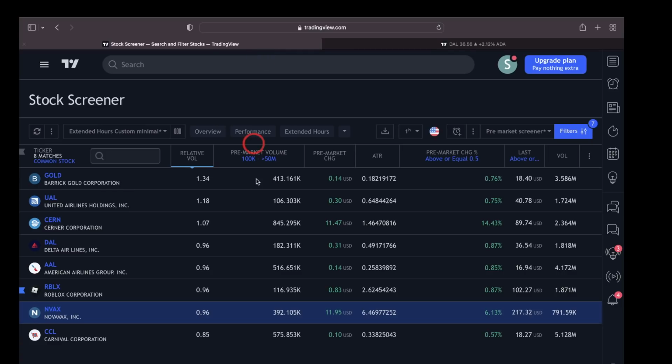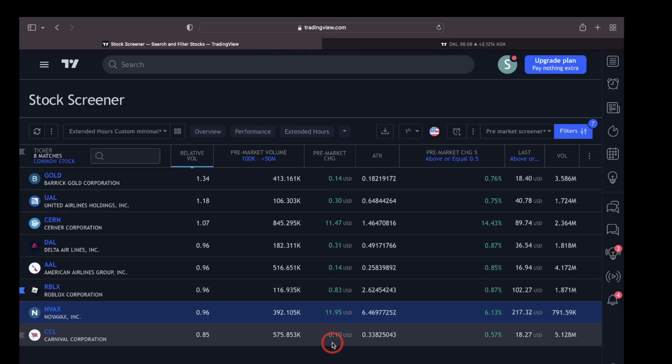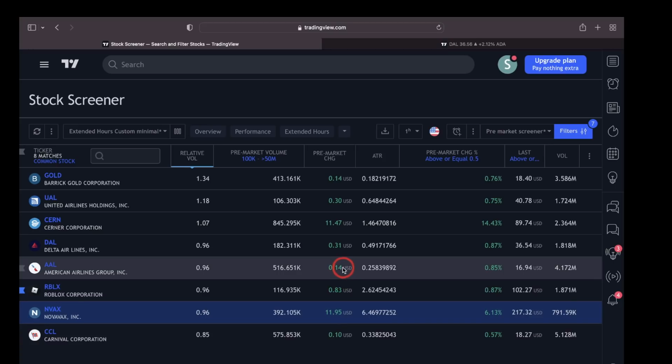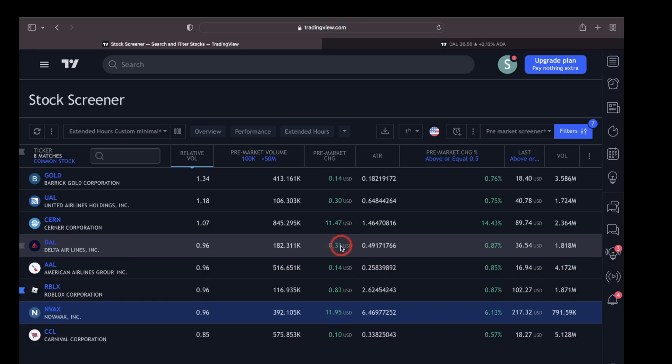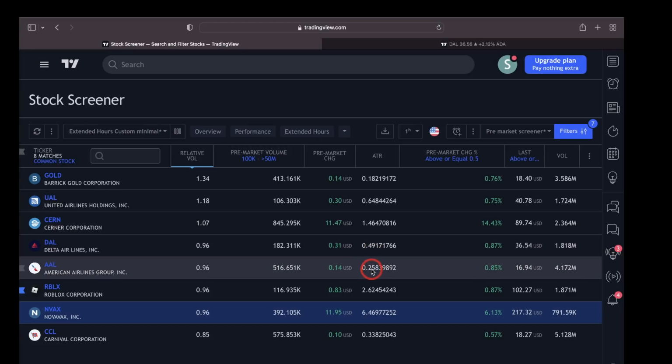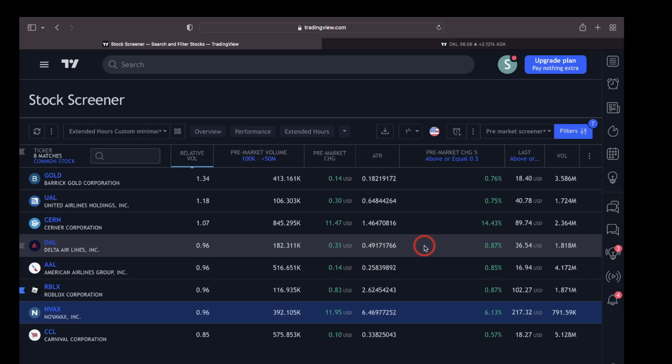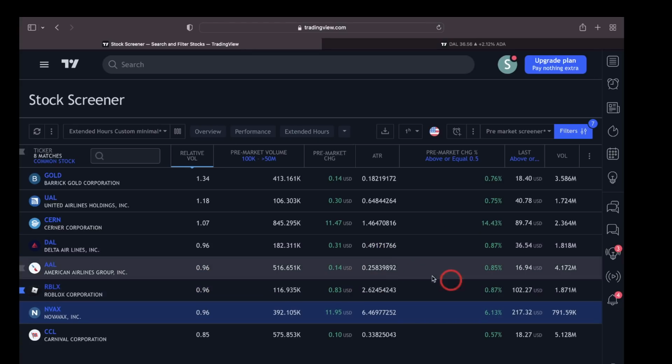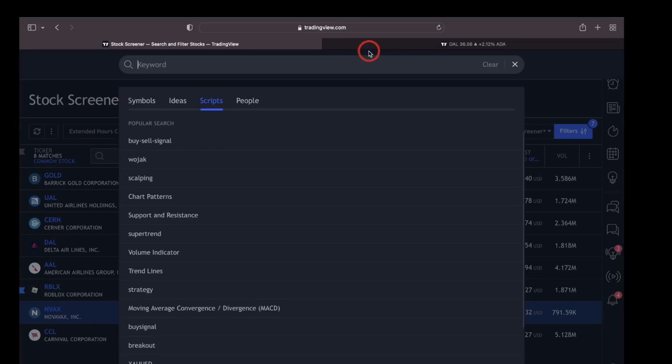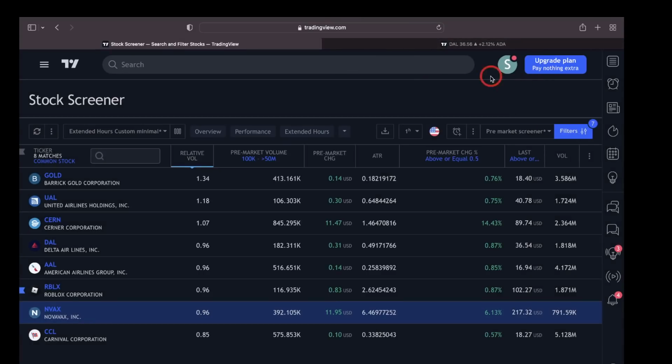And again, going back to the ATR concept here. You see the pre-market change is just, for example, AAL is 0.14, 0.31, and ATR is basically more than this. So at least I know that it can move more. So this is how I calculate risk reward pre-market. Do I even want to trade this?